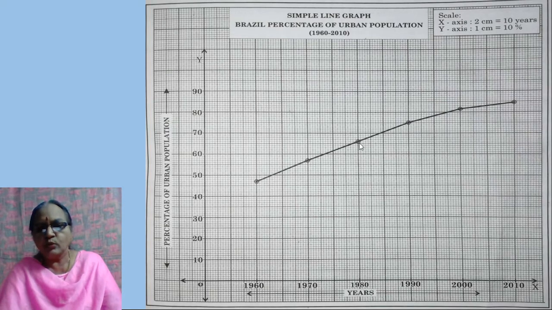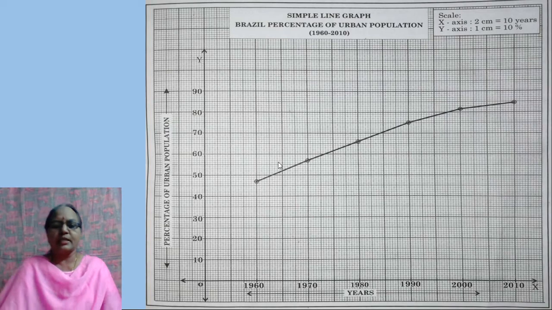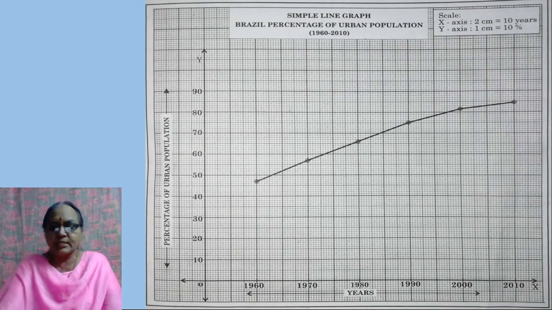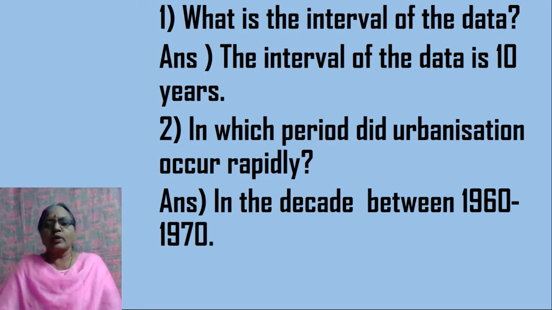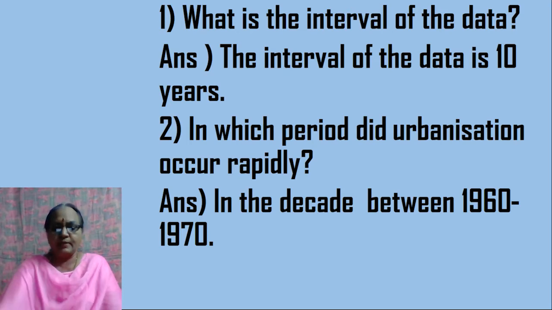From 1980 to 1990, there's not been much of an increase. So rapid urbanization is seen in the period from 1960 to 1970. So in which period did urbanization occur rapidly? In the decade between 1960 to 1970.